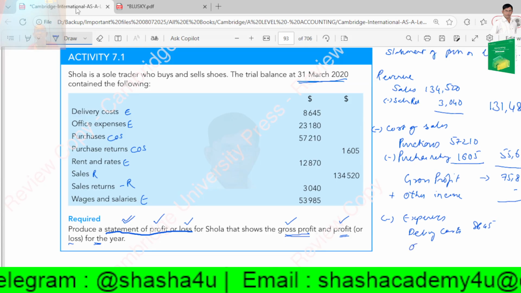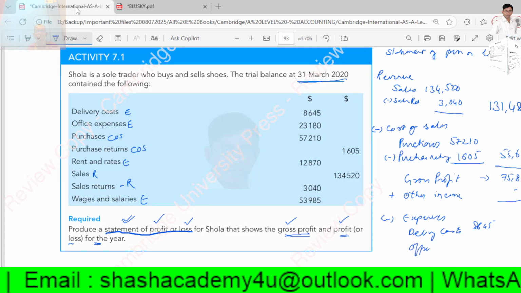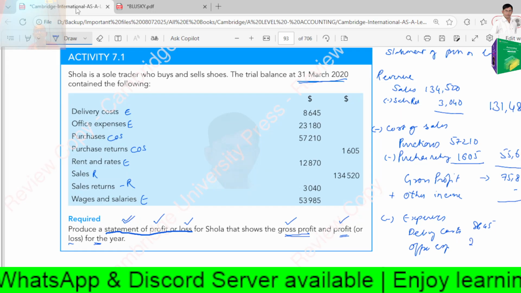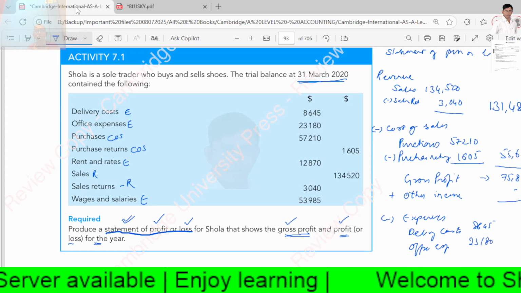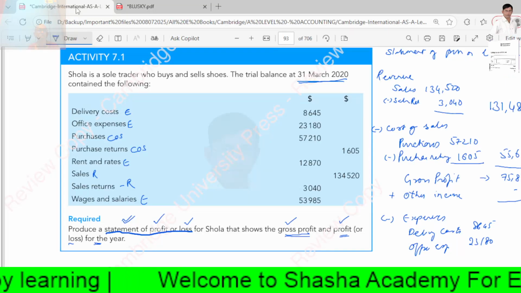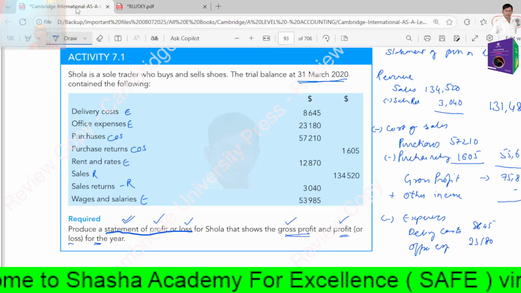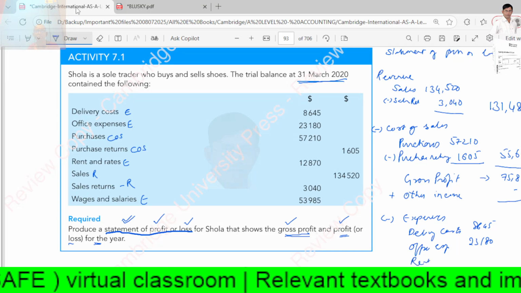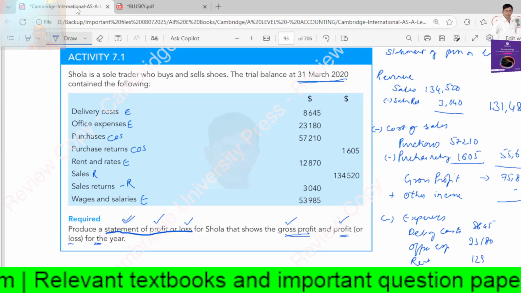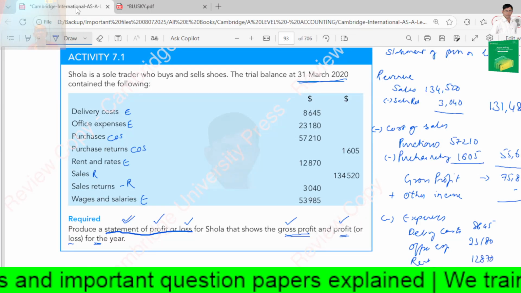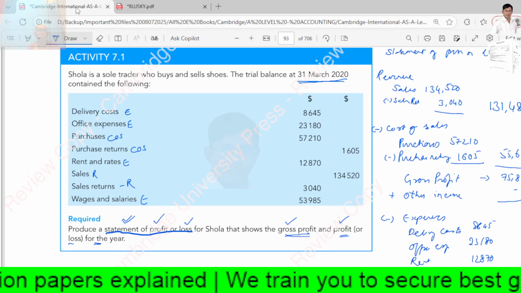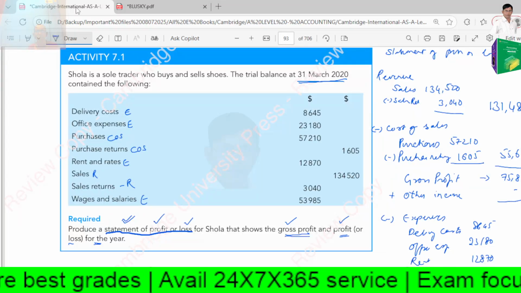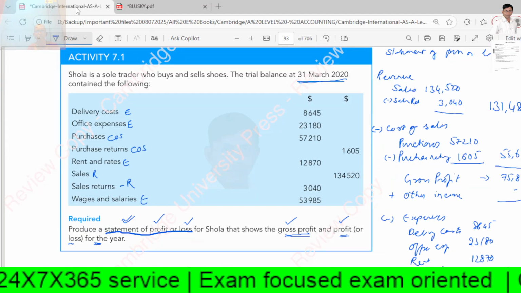Office expenses 23180. Rent and rates 12870. Wages and salaries 53985.